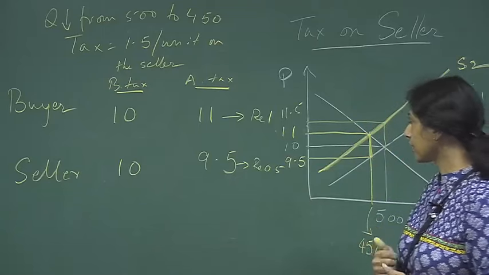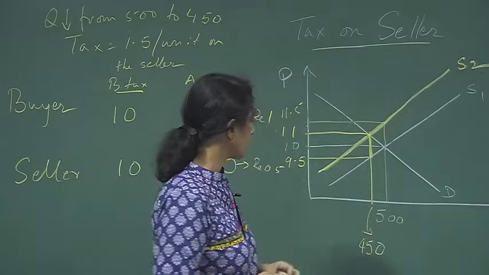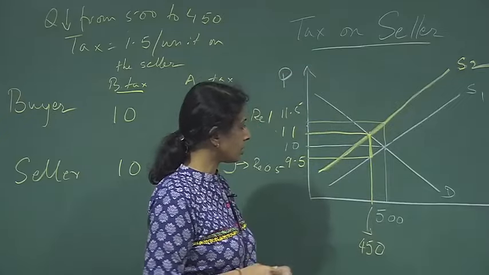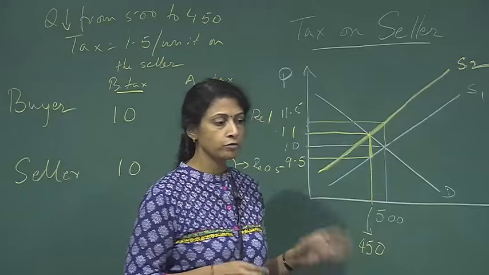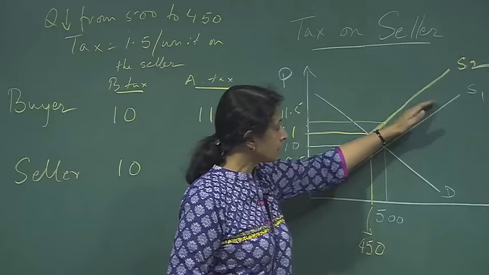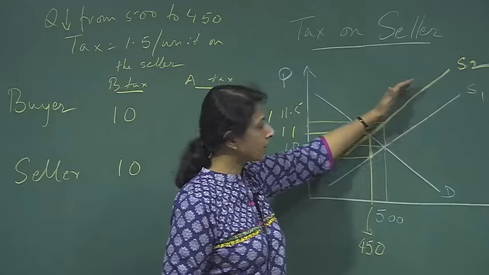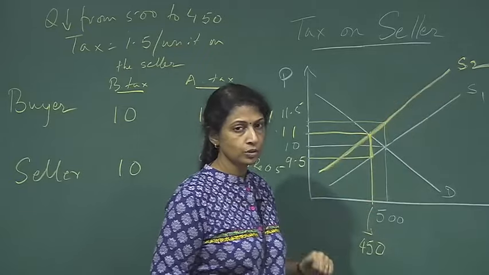But another point that I wanted to make here is, we have assumed a tax per unit of output, a flat rate of 1.5 per unit of output, because of which in our diagram the supply curve is shifting parallelly upward, or the demand curve is shifting parallelly downwards.